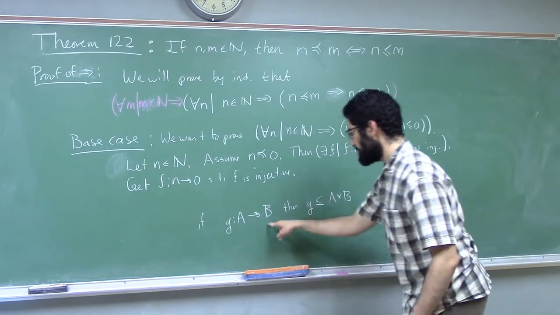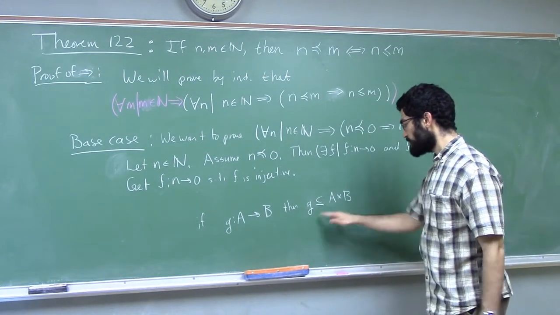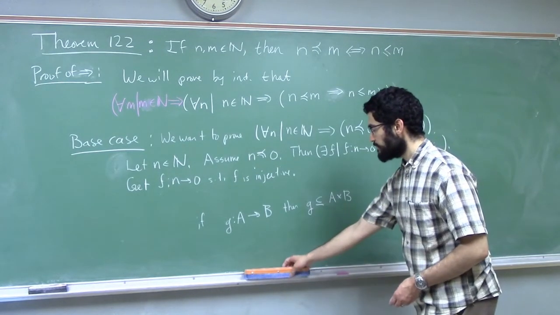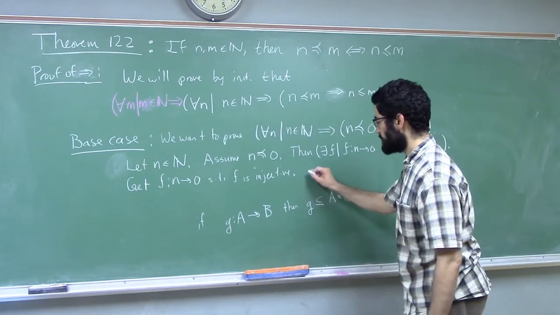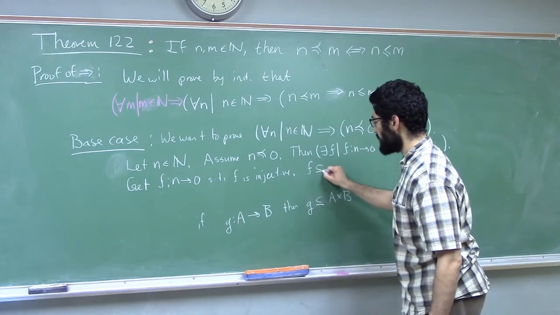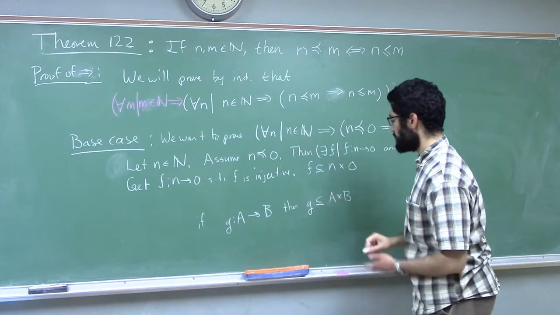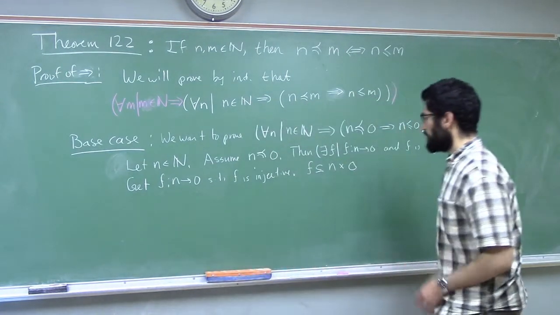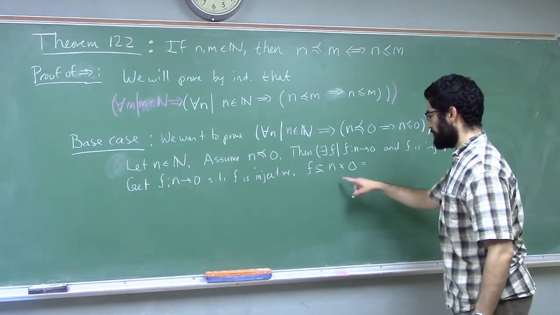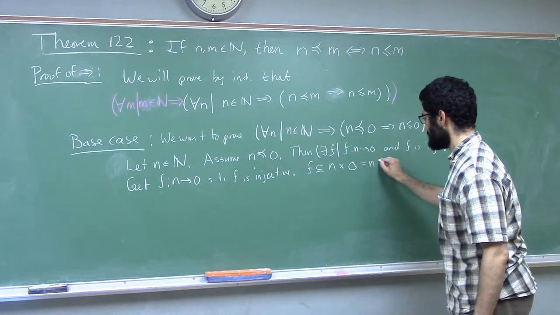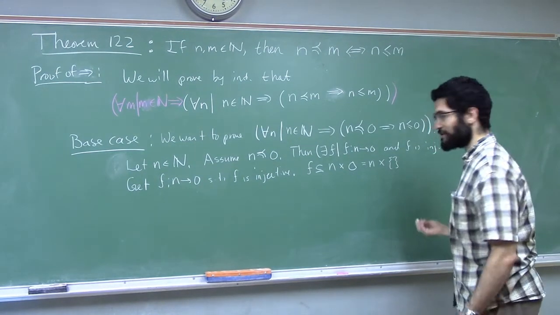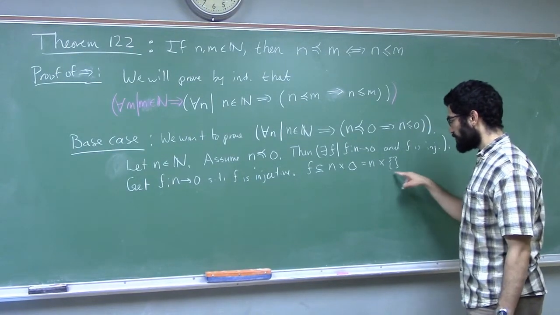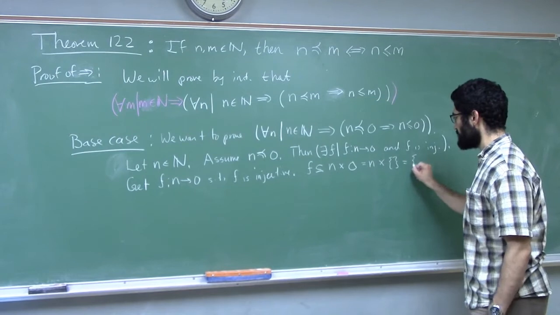That if G maps A to B, then G is some subset of the Cartesian product A with B. So in this situation, F is a subset of the Cartesian product n with 0. But 0 is the empty set, and if you Cartesian product a set with the empty set, you get the empty set.